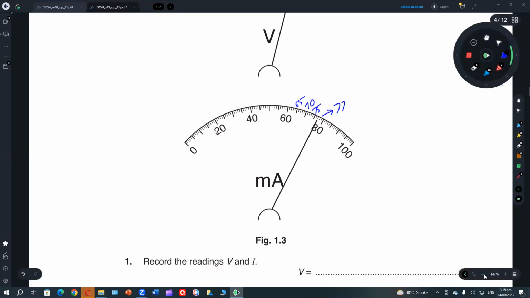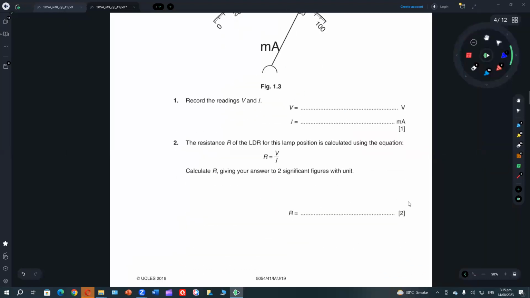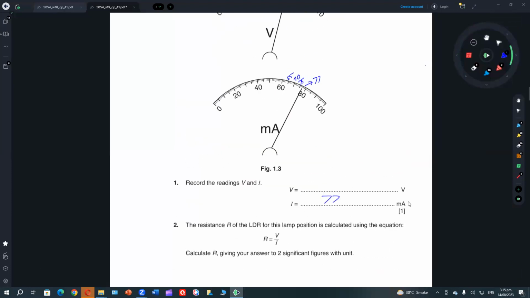Let me see in the mark scheme. It's 84.4 in the mark scheme as well. But how can it be 80? Because it's 20, 40, 60, then 80 is after the needle mark.